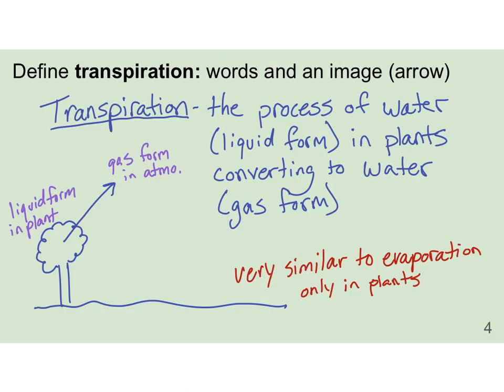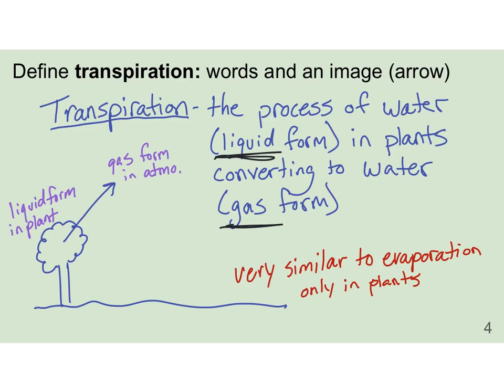Okay, this next problem is to define the word transpiration, words and an image. Okay, so transpiration is one that might be a little bit newer to you. Transpiration is the process of water that's in liquid form, and it's in plants, and it's being converted to gas form or water vapor.